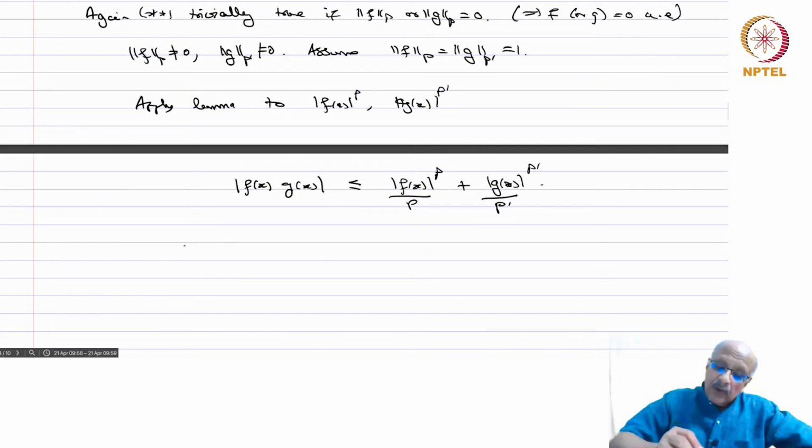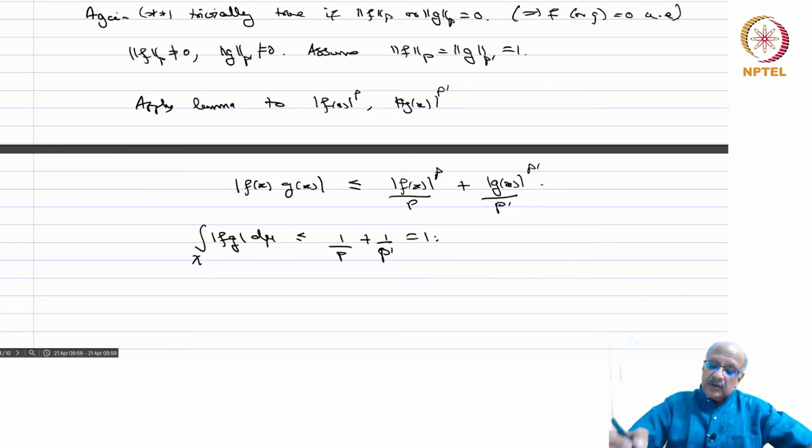So if you now integrate, then the integral of |fg| dμ over X is less than or equal to the integral of |f|^p, which is 1 because ‖f‖_p is assumed equal to 1, so you get 1/p. Similarly there you get 1/p', but by definition that's equal to 1.